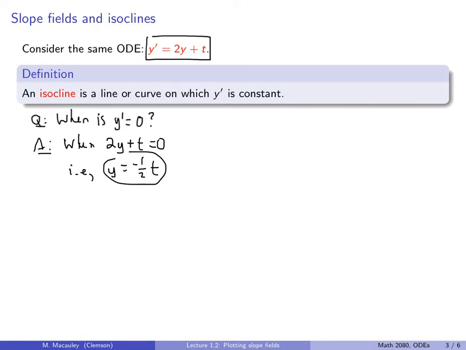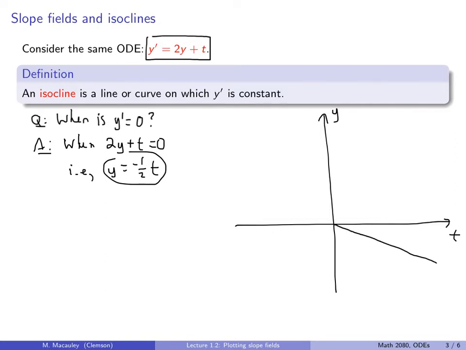Okay, so let me draw the ty plane, where this is t, and this is y. So this line, y equals negative 1/2 t, goes through the origin and it has slope negative 1/2. And this is where y prime equals 0.